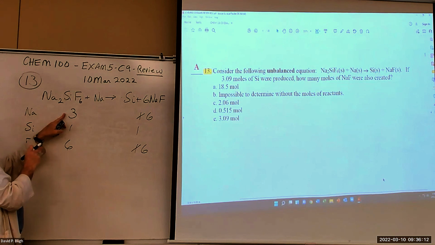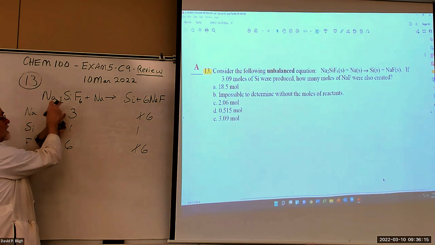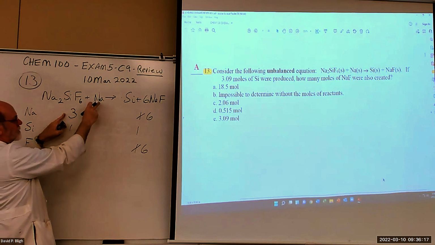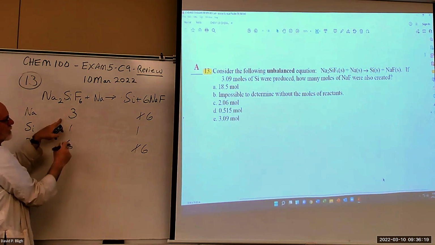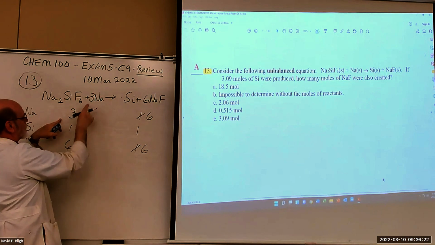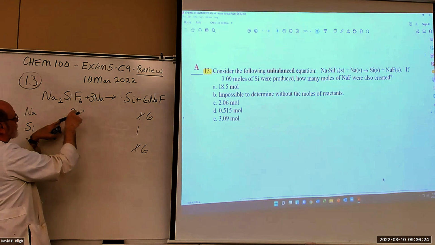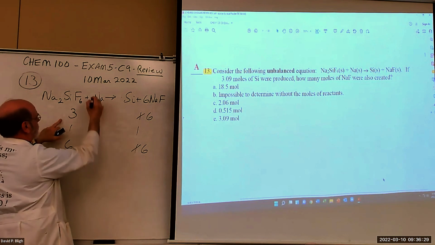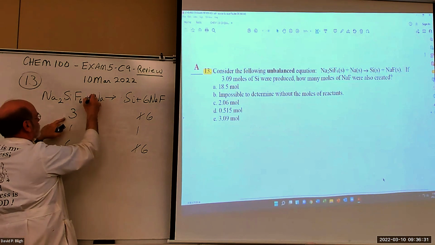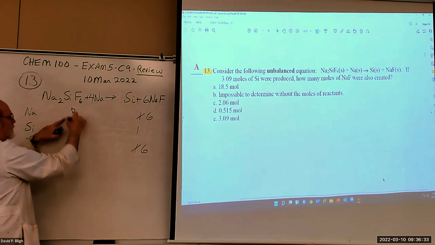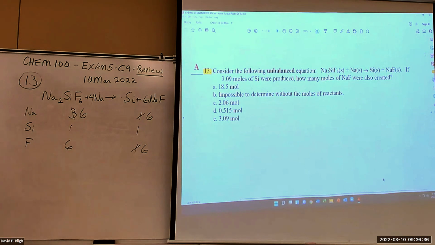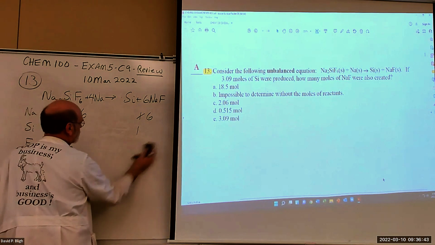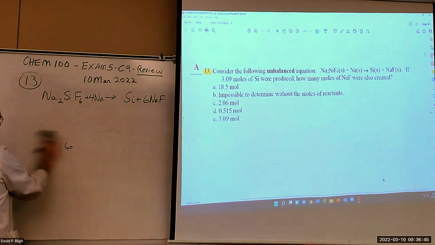So I would think leave that sodium alone and fill in the sodiums with this one. So if we put 3 here, that means 3. Oops, sorry. 4, right? Yeah, 4. 4 plus 2 is 6. There we go. Did I lose anybody? Okay. Now we've got a balanced equation. We can proceed to the rest of the problem.